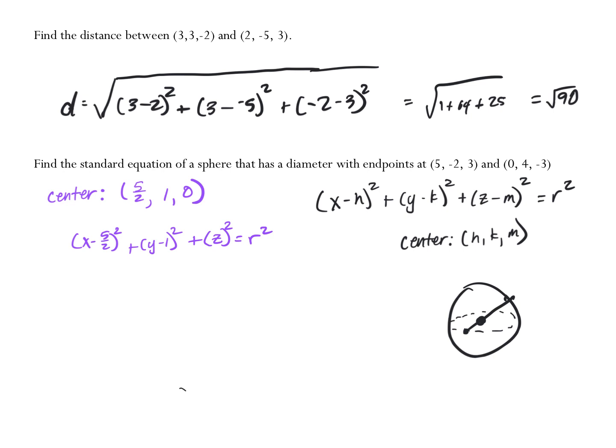Well, that means it's got to be true for either this point or this point. We can pick which one we want to do and just plug it in for those x, y's, and z's, and we'd only have one variable left. So, for example, I might do 5 minus 5/2 squared plus -2 minus 1 squared plus 3 squared equals the radius squared. Does that make sense?